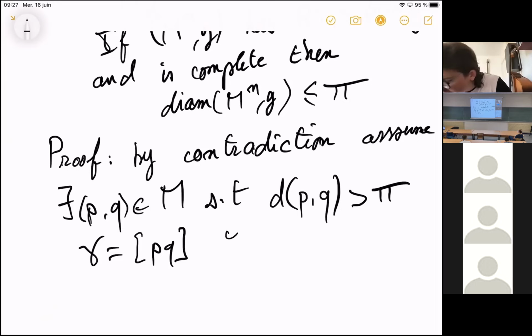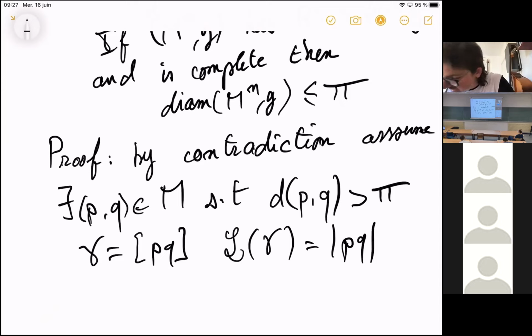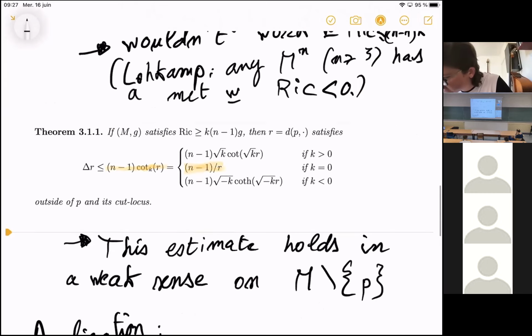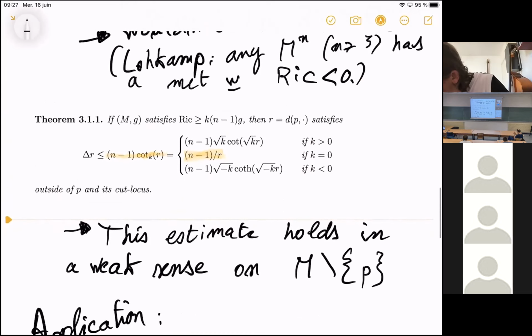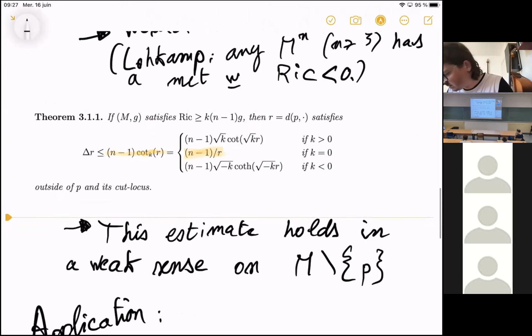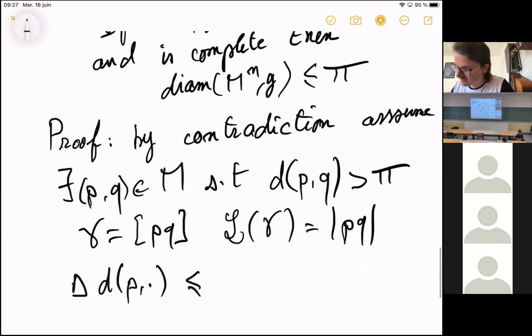So the length of gamma is equal to the distance between P and Q. And the Laplacian of this function will be less than, with k equal to 1 here, (n minus 1) cotangent of R.